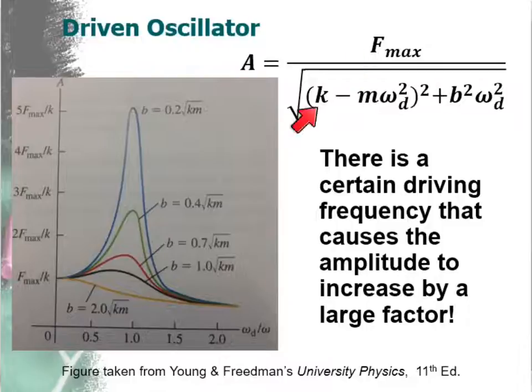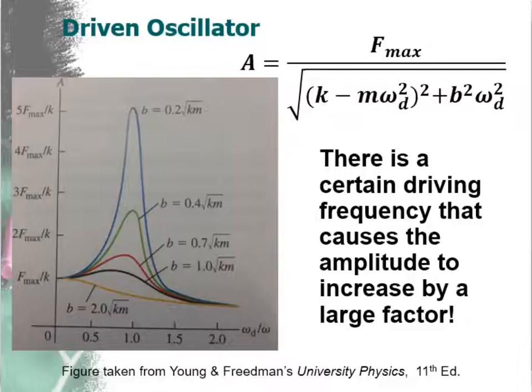It also depends on the properties of the system, like the spring constant, the mass, and the damping coefficient. And it also depends on the driving frequency that we use.